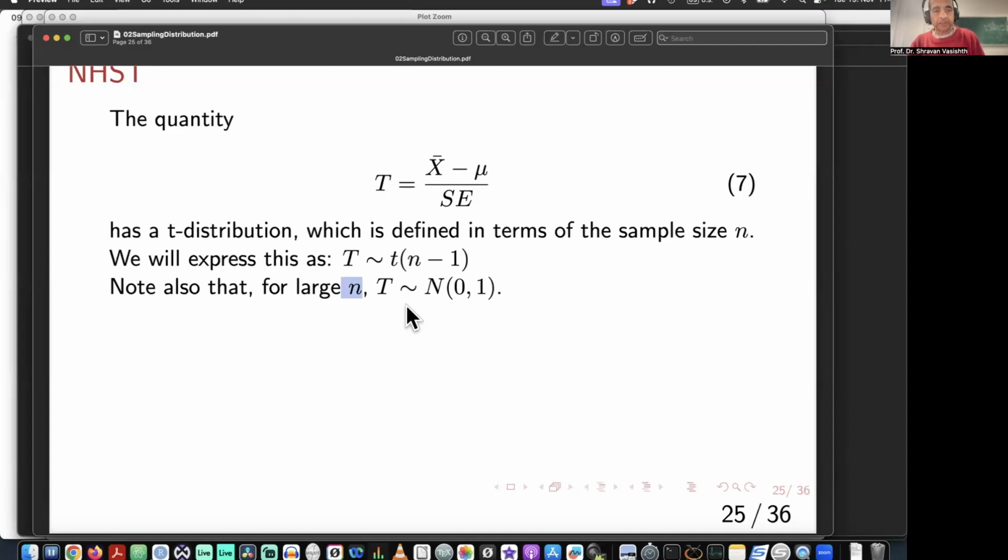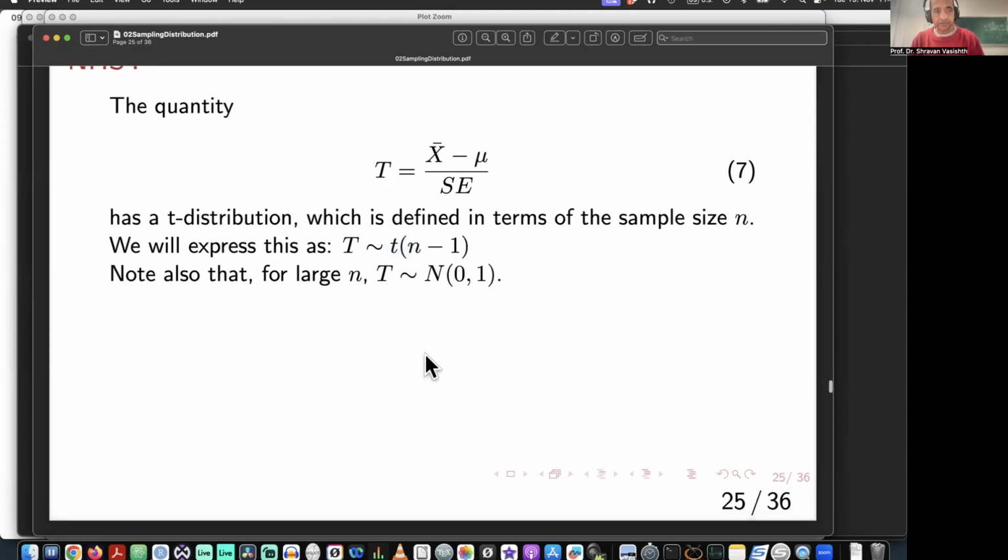I will show you a picture of that. But the upshot is that the t distribution we'll be using from now on is defined by the parameter n minus 1, which is called the degrees of freedom. This determines how fat the tails of the distribution are.